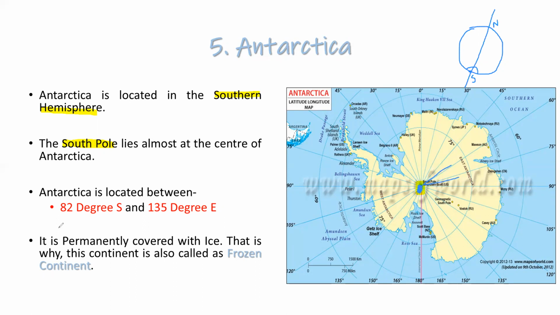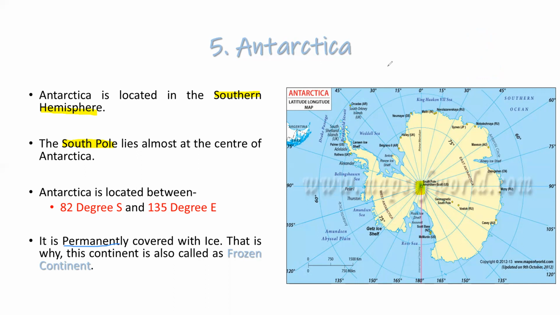Antarctica is located between 82 degrees south and 135 degrees east. Obviously it is in the east because it is in the eastern hemisphere. Now you see, it is permanently covered with ice. Our Antarctica is permanently covered with ice.